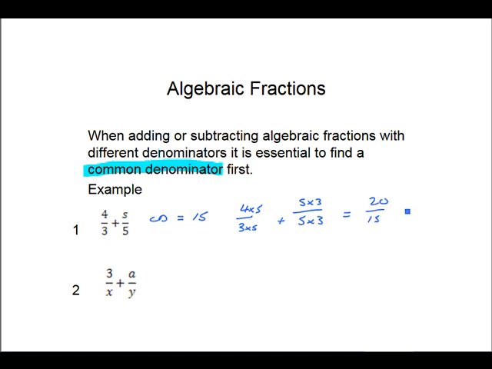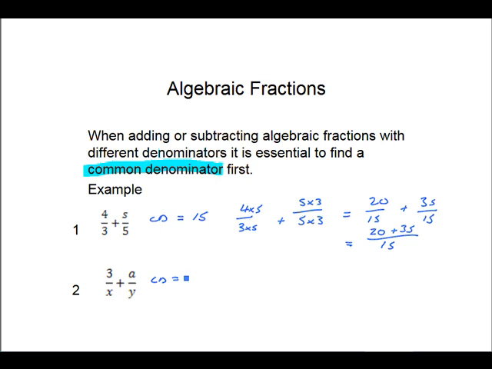So when we do that, we have 15 under both. Once we do that, we can place them under a common denominator. So our final answer is 20 plus 3. We can't combine them because they're not like.